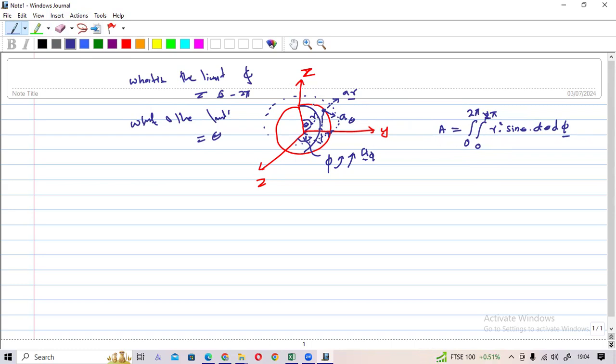If you need to evaluate the whole surface of the sphere, you need to evaluate theta only from 0 to π.